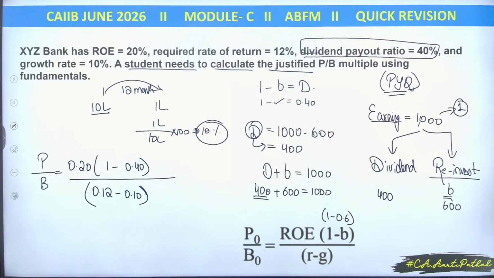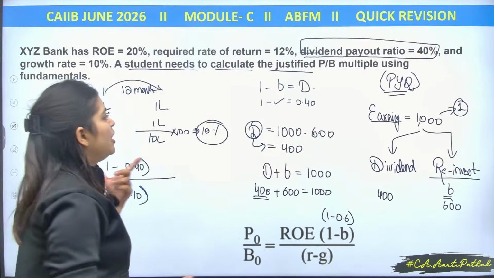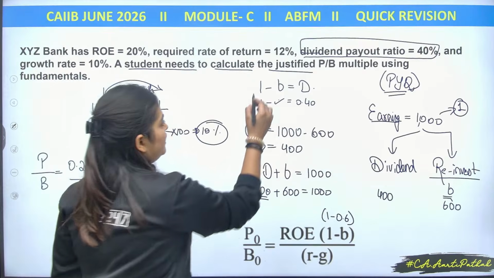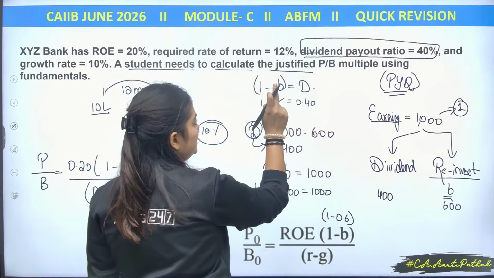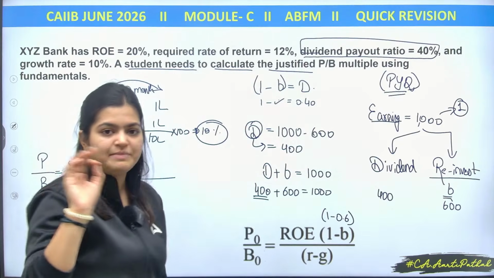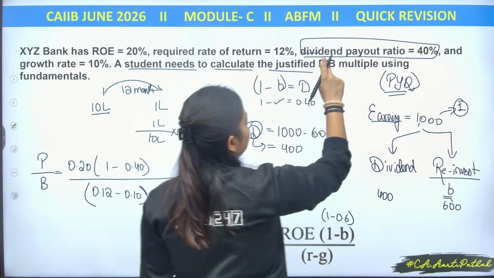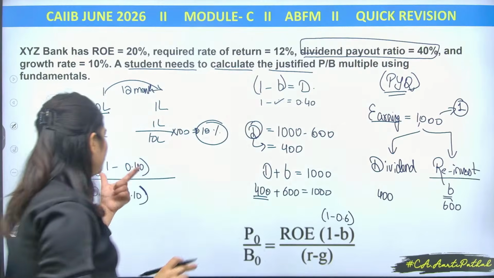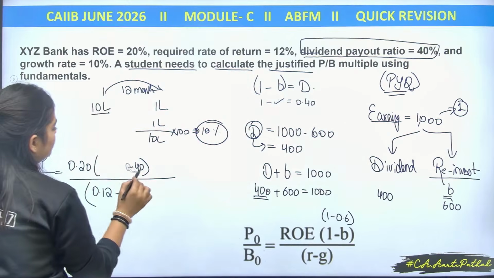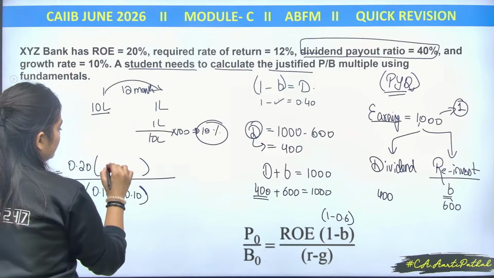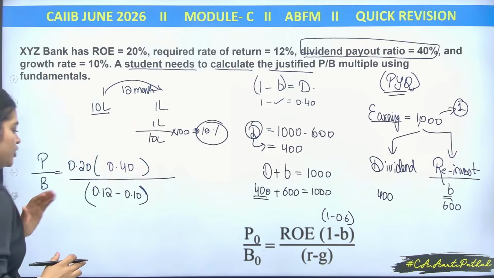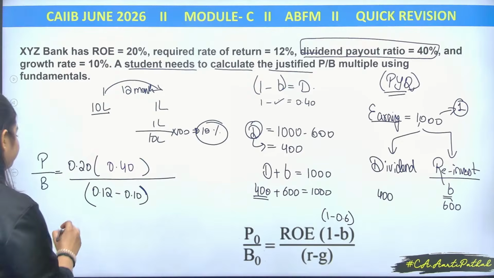So remember, this is a very tricky part. Sometimes we get confused about which amount we need to use here. If they're giving you 1 minus B, meaning the plug back amount is given, then do 1 minus B. If they're giving you the dividend payout ratio directly, then use it directly, that is 0.40. Okay, chalo.